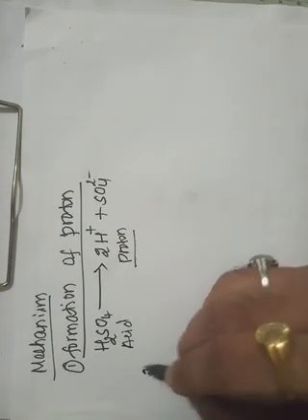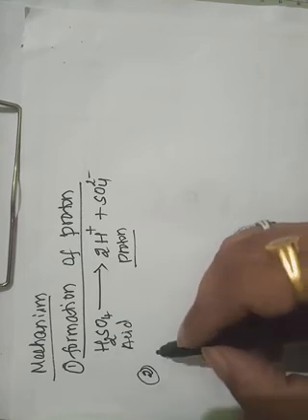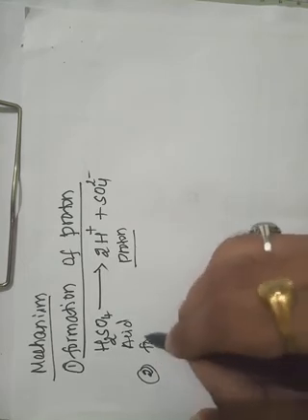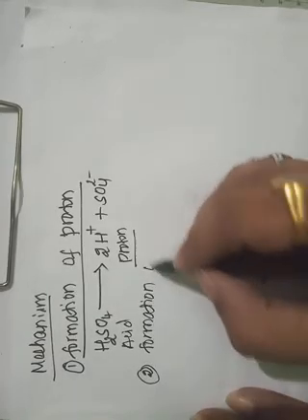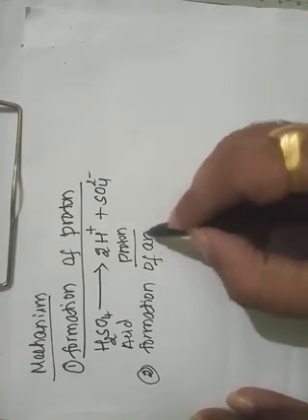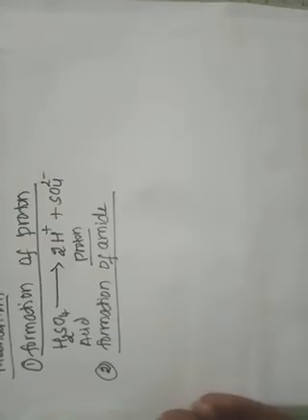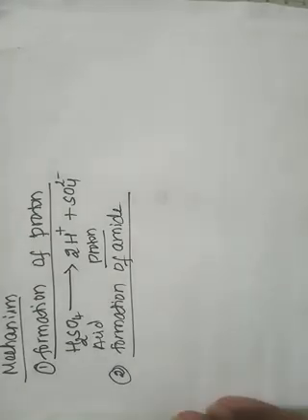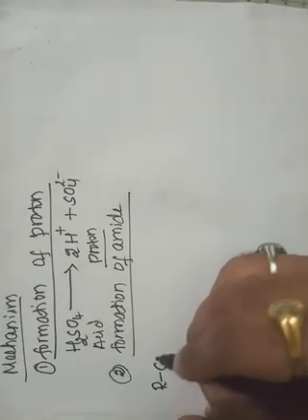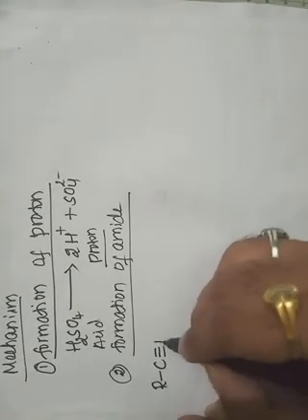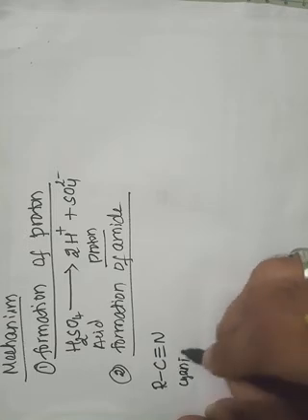So in the second step, what happens? As you know, the amide is formed. Formation of amide. In the cyanide, there is a triple bond between the carbon and the nitrogen atom.